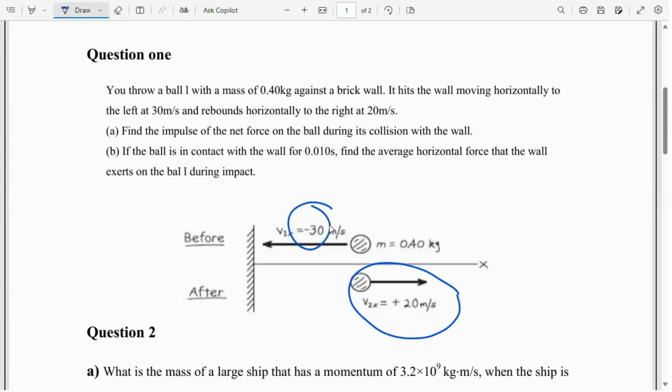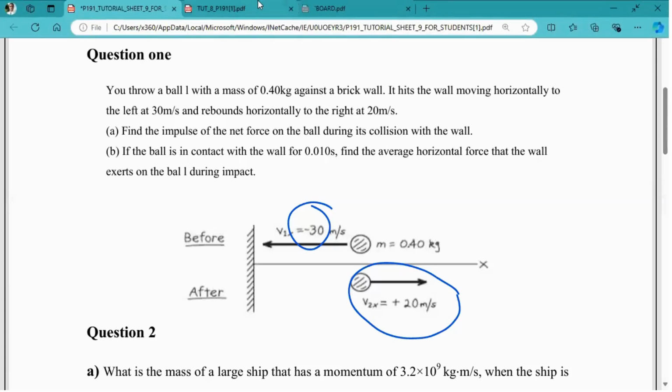So the first question is saying, let's calculate the impulse of the net force on the ball during its collision with the wall. So let's go to my board here. We've been given some data. Mass is equal to 0.4 kilograms.